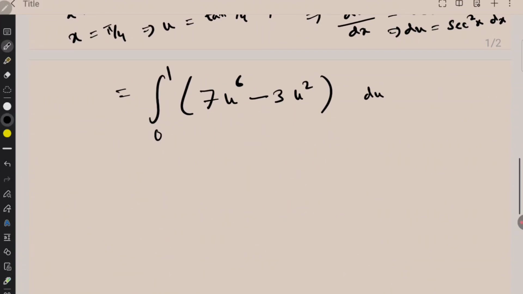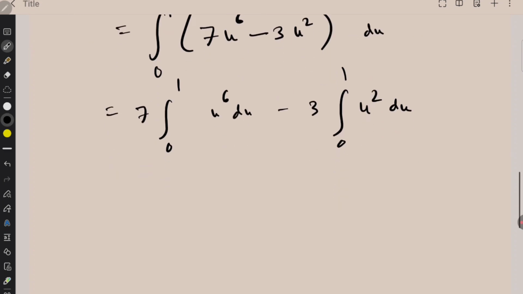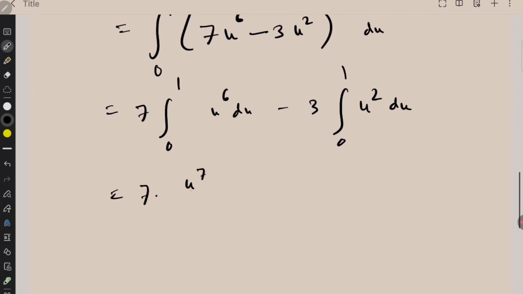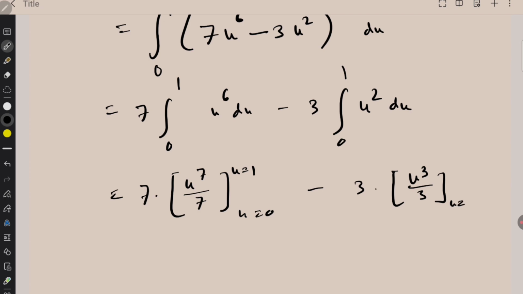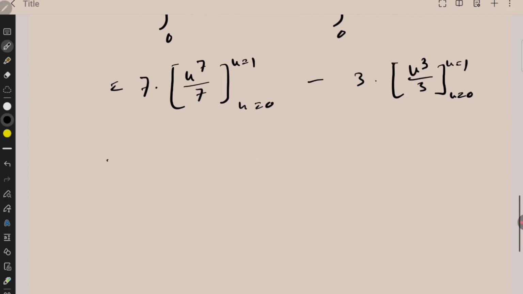Now this is just a simple calculation. You have the integral from 0 to 1 of 7 u^6 du minus, so I can take 3 outside, 3 times the integral from 0 to 1 of u squared du, which is 7 times u^7 by 7, u from 0 to 1, minus 3 times u cube by 3, u from 0 to 1, which is 7 times (1 over 7 minus 0) minus 3 times (1 over 3 minus 0).